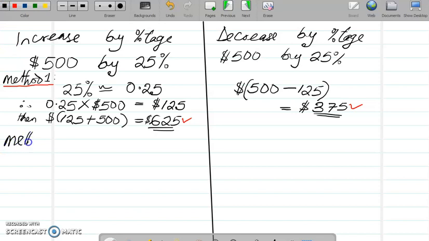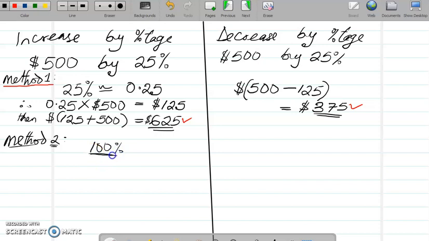Now method number two. This method is the one I always make use of. I like making use of this method. It's very easy. Method number two is that you must know that the whole quantity we have is 100%.